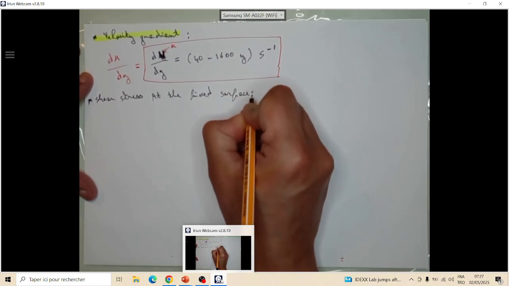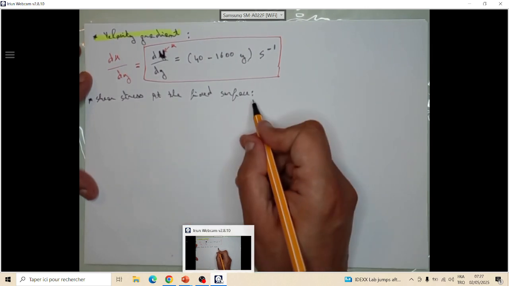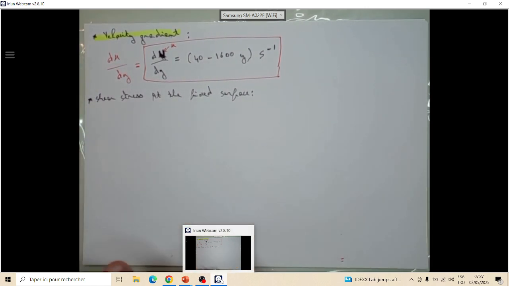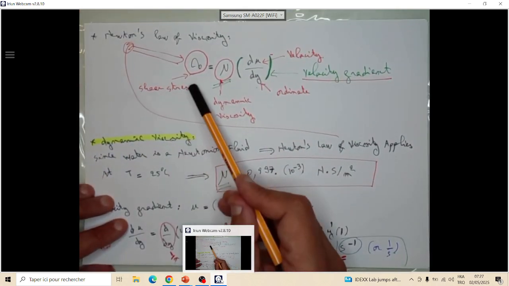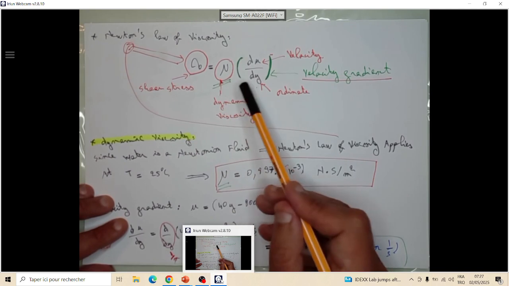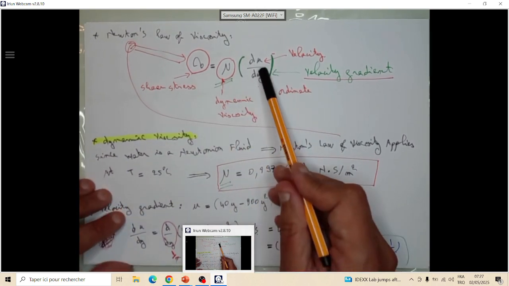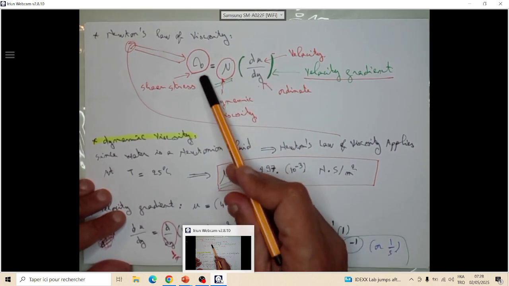So we will calculate the value of the shear stress at the fixed surface. We will use this equation. Tau is equal to mu times the derivative of u with respect to y.